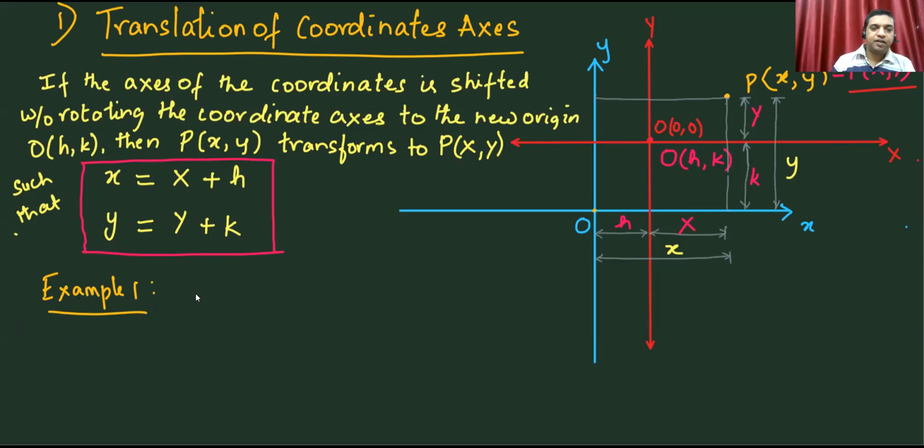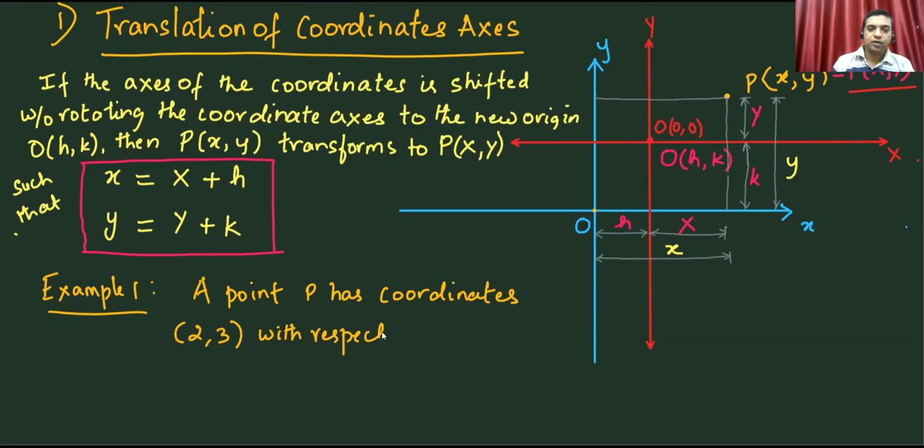Let's say a point P has coordinates 2, 3 with respect to a reference coordinate axis.